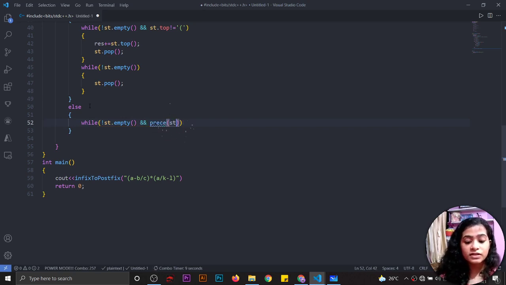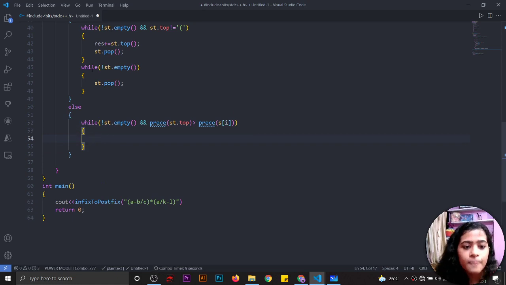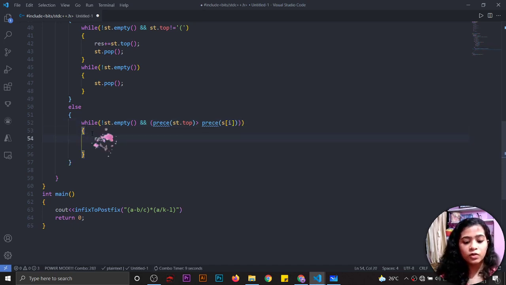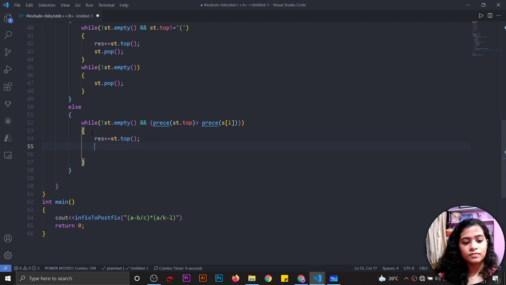The precedence of st dot top is greater than the precedence of s of I. Then only we will perform this expression. We will store it into the result. St dot pop.